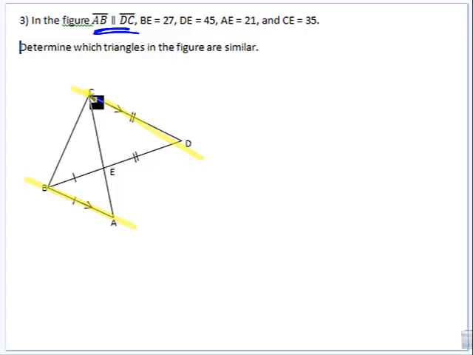If I were to draw this transversal through, what can you tell me? Do I have some angles that should be congruent? Remember, whenever you see parallel lines, that means that you have angles that are congruent. So let's mark the angles that are congruent.